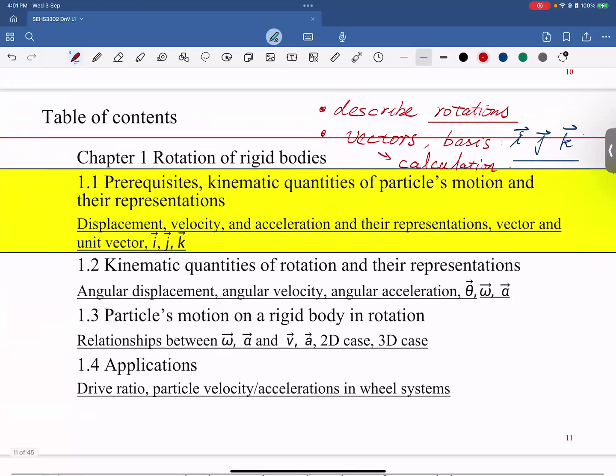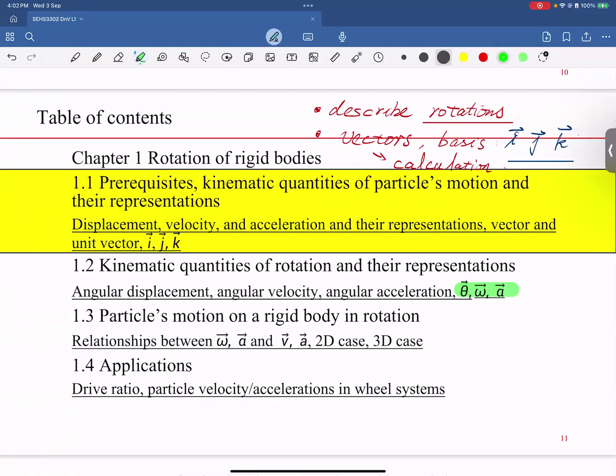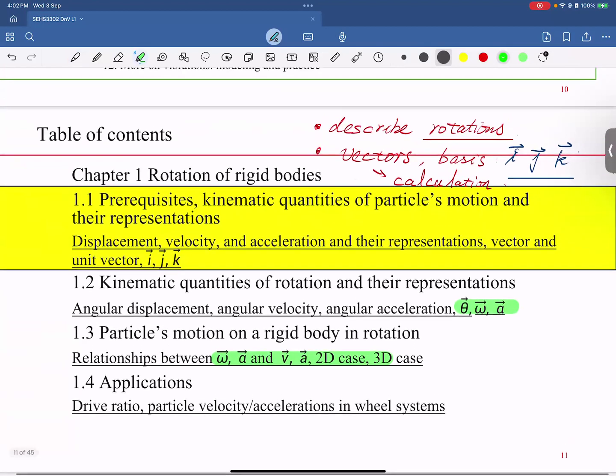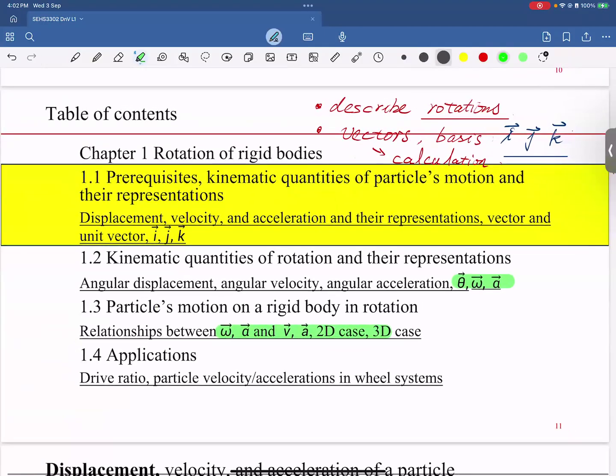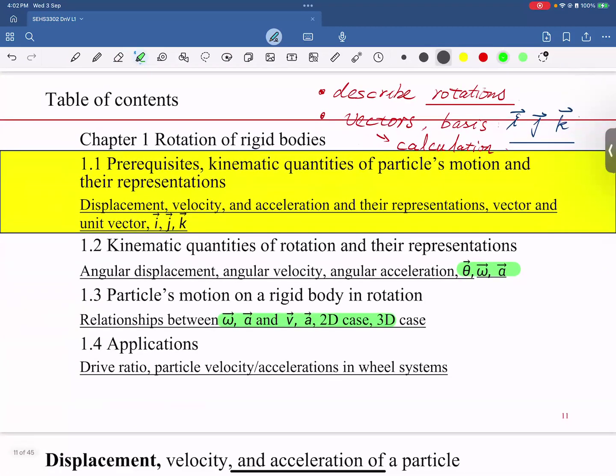As you can see, everything in this chapter has an arrowhead on it, right? Because we consider not only how fast, but also the direction of that speed, or the direction of the acceleration or the displacement. Okay, pay more attention to the vectors.